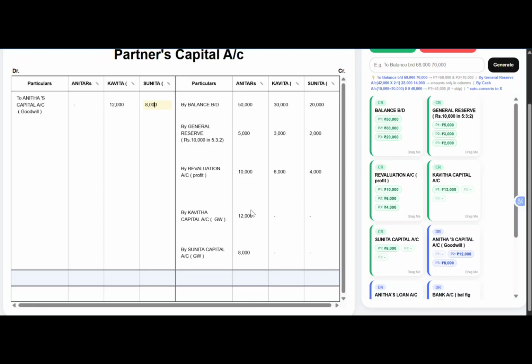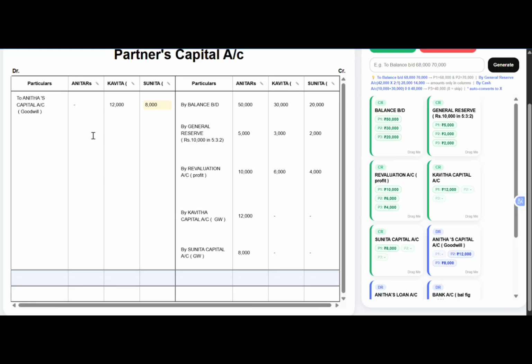So what is borne by Kavita and Sunita should be deducted from Kavita and Sunita's capital accounts. They are going to give the goodwill for the gain in the profit. So this is the goodwill treatment as per AS 26.